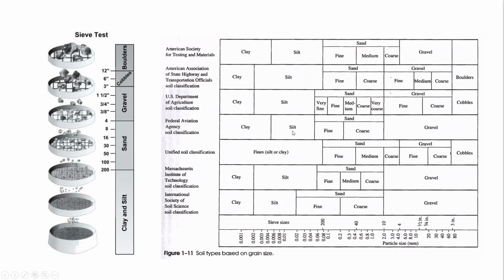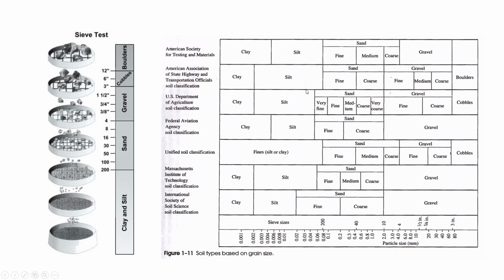So this chart on the right-hand side looks familiar. We looked at that quite a bit last spring. This is from page 21 in the textbook. On the left-hand side here are the different soil classification systems. We looked at primarily last semester the USCS, the AASHTO, and the USDA systems.